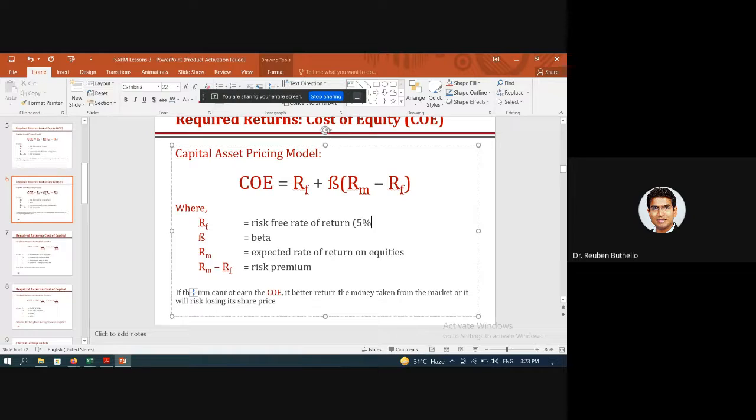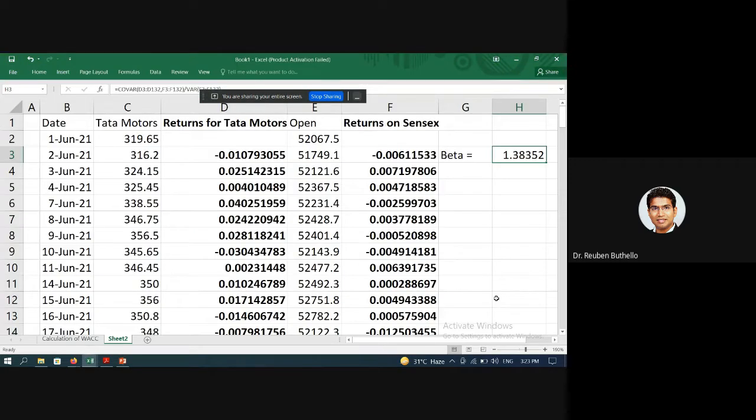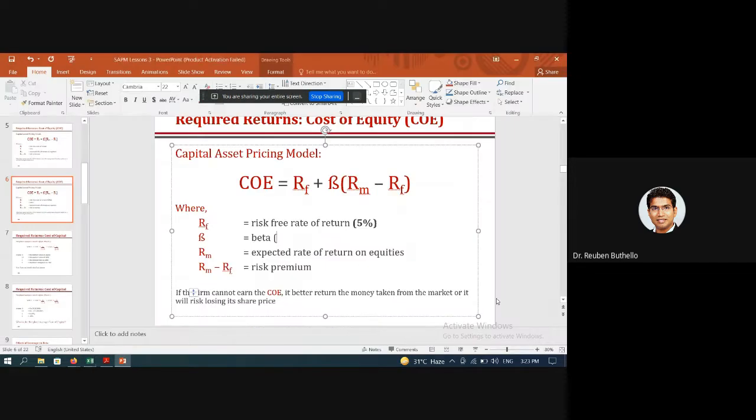Beta is how much over here? 1.383 for Tata Motors in 2021. Okay, so we have this information.